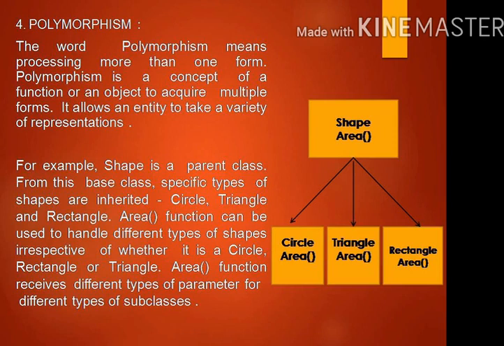It allows an entity to take a variety of representations. For example, shape is a parent class. From this base class, specific types of shapes are inherited: circle, triangle, and rectangle.